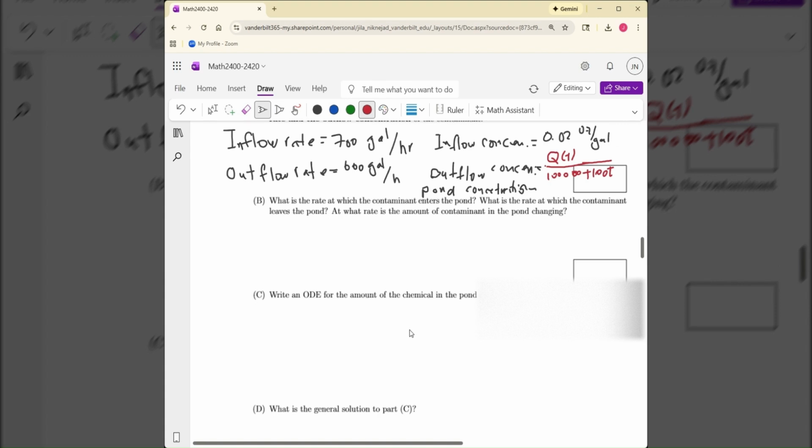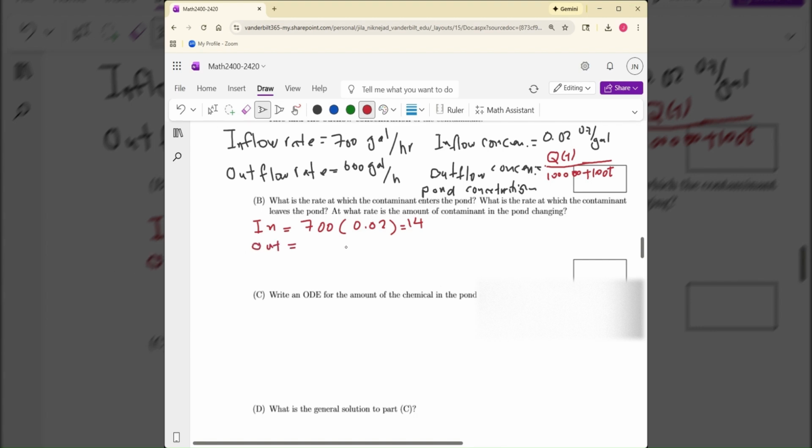The next part is asking what is the rate at which the contaminant enters the pond, what is the rate that it leaves the pond, and at what rate is the contaminant in the pond changing. So In is going to be equal to the inflow rate times the concentration In, which is going to be 14.